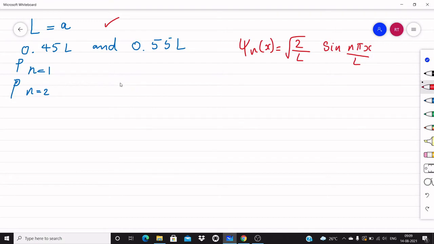Now coming to the calculation. Probability is the integral of psi star psi dx. Our limit is already given.